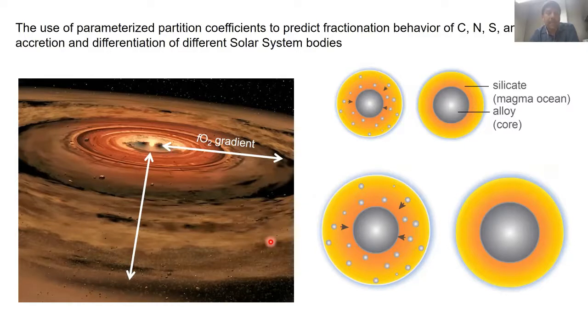And then we can forward model what bulk silicate Earth elemental abundances and elemental ratios for these major volatiles we will predict if we allow equilibrium core formation and atmospheric blow off to take place, right? Because we know there is potentially an fO2 gradient in the protoplanetary disk going from the central star, the sun, outward, we can take into account growth of planets in different zones, at more reducing conditions, less reducing conditions, and so on and so forth.